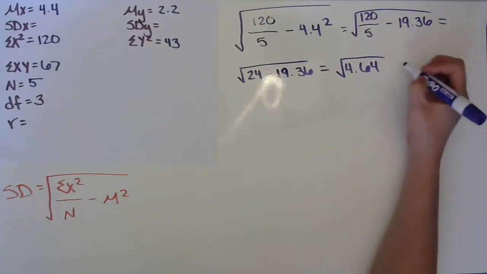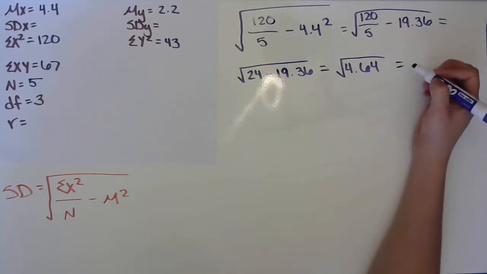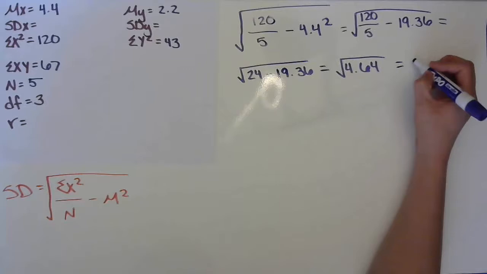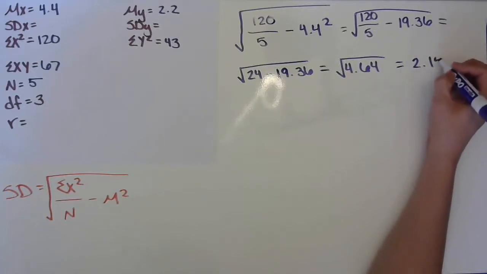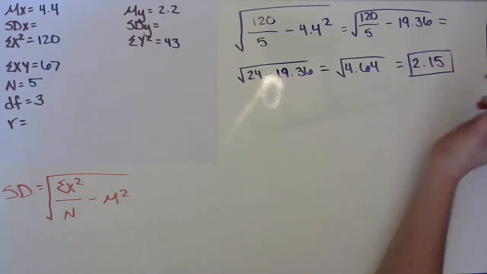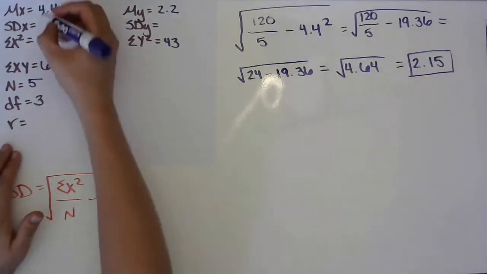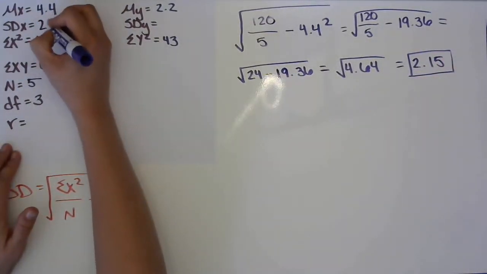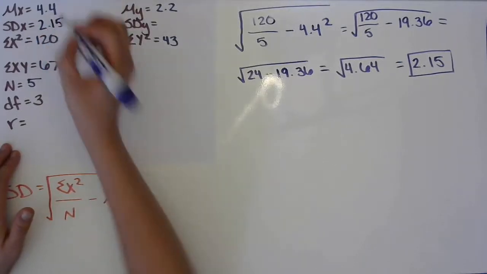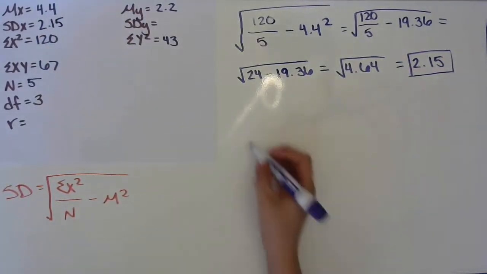That is square rooted. And then when you solve for the square root of that, you get 2.15. Okay, and so that is our standard deviation for X. So let's go ahead and write that up here. We've got 2.15.